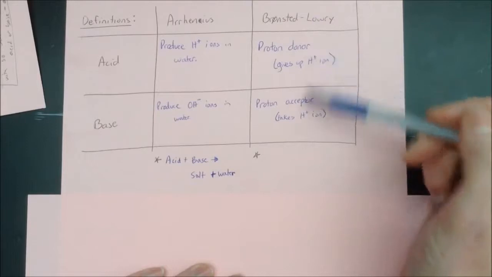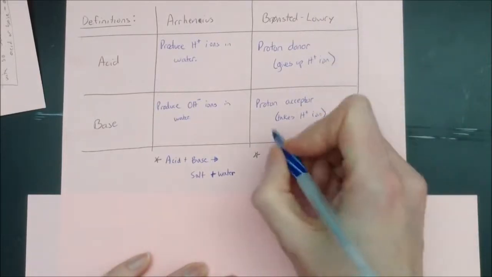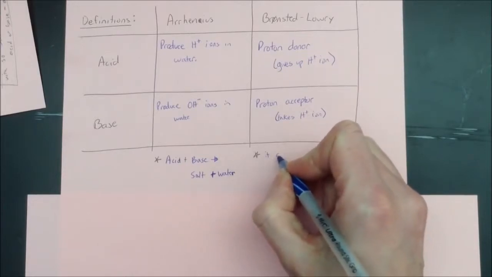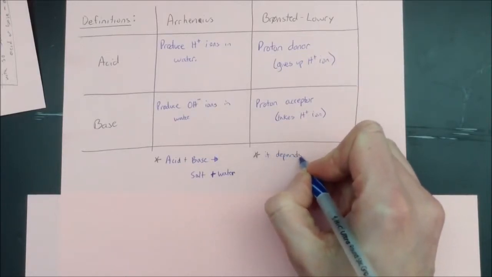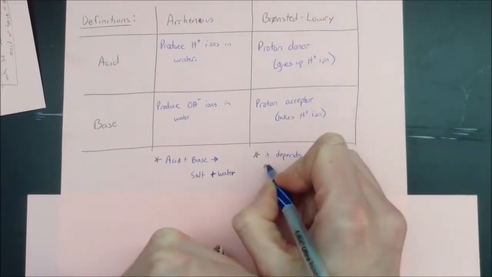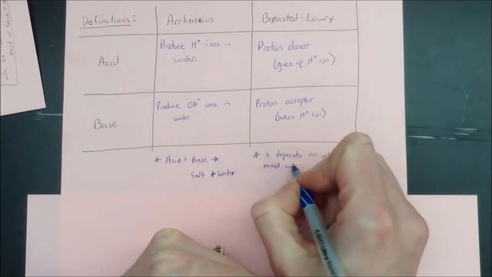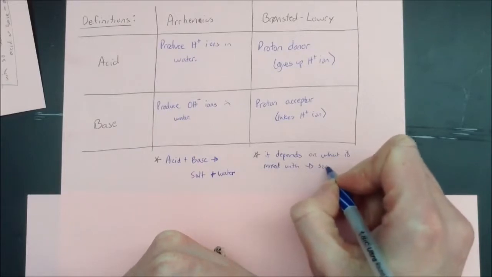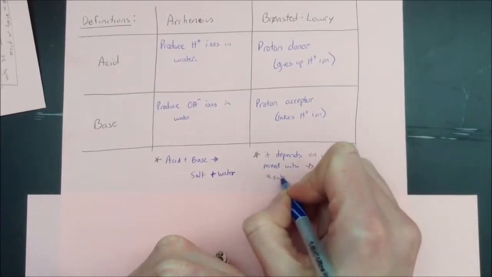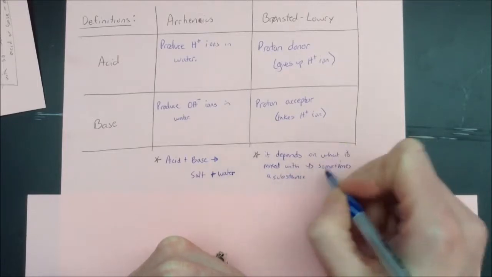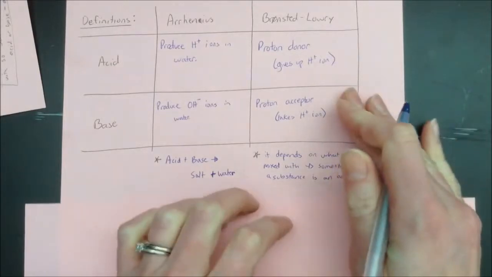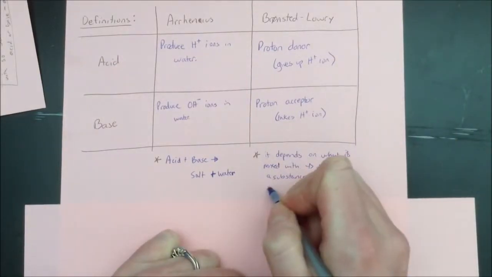When we talk about a Bronsted-Lowry acid and base, what's really interesting is that it depends on what it's mixed with. Sometimes a substance is an acid, and in other situations it's a base.